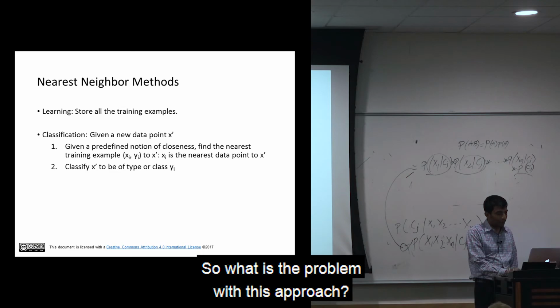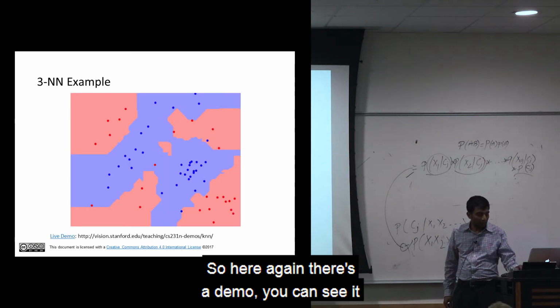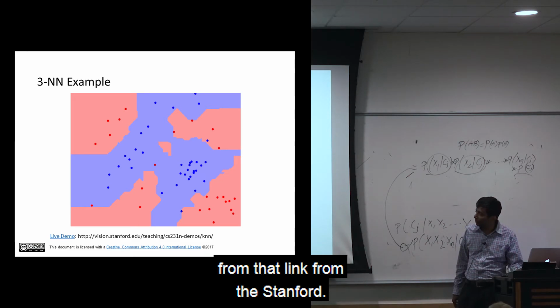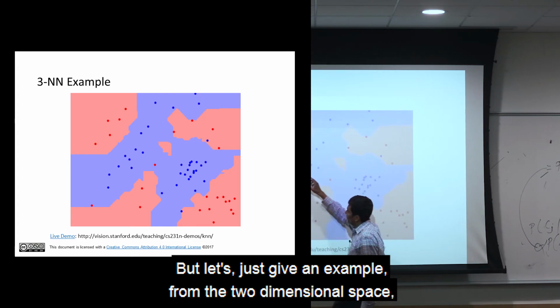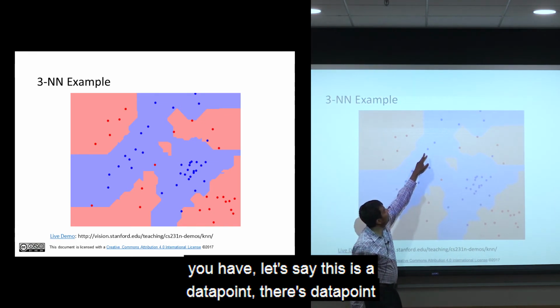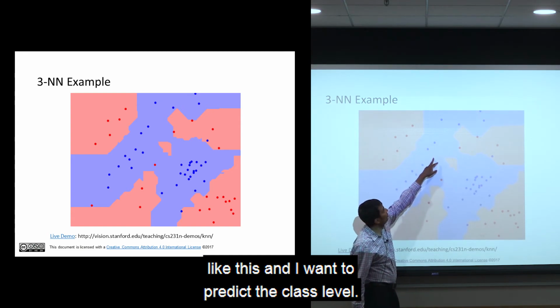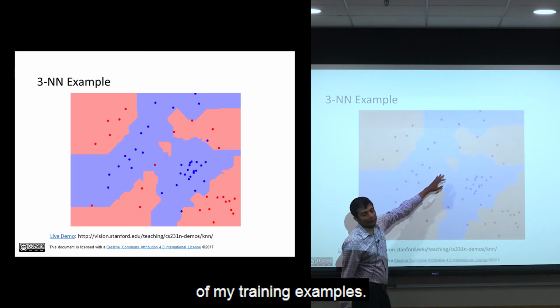So what is the problem with this approach? Here again, there is a demo; you can see it from that link from Stanford. But just to give an example, in a two-dimensional space, let's say this is a test data point like this, and I want to predict the class label. All the rest of the data points are my training examples.